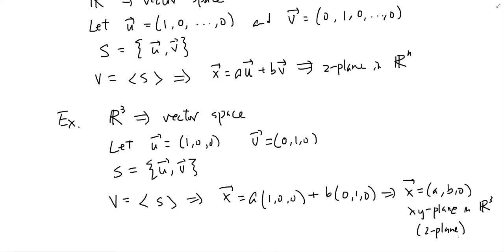So in a sense, when we try to describe a vector space using a span, we are more or less providing a basis for the vector space, which we can use to generate all the possible elements within the vector space or the subspace. Now, I'll give you another example to illustrate that concept.